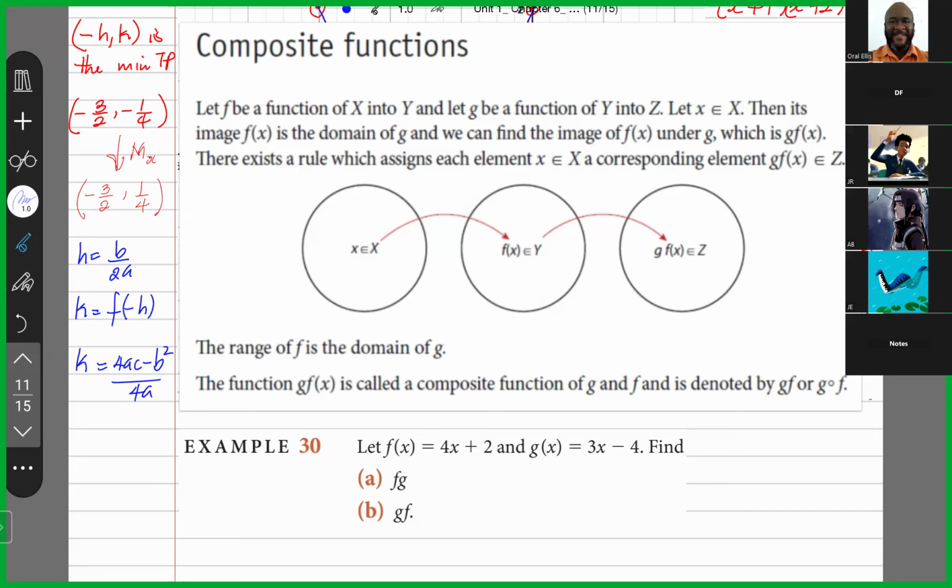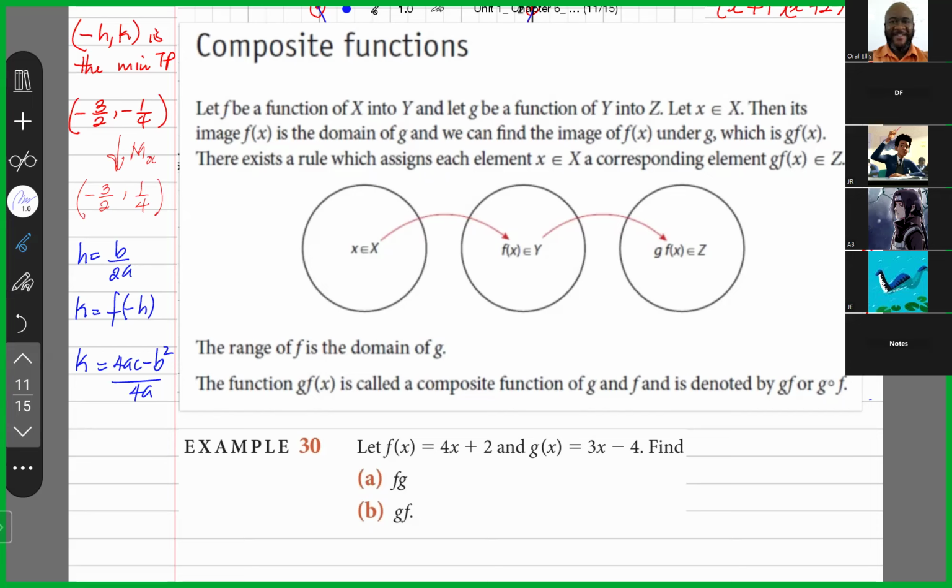There exists a rule which assigns each element of X a corresponding element g of f of x, which is an element of Z. In other words, that rule is g of f of x.